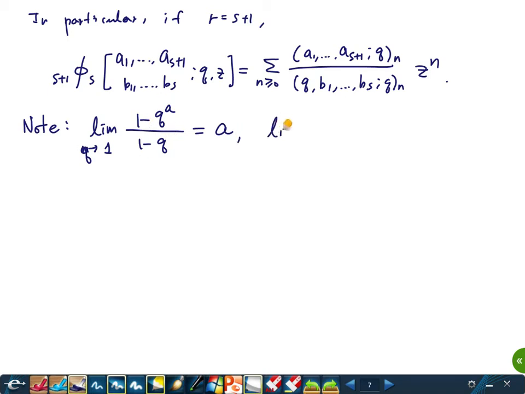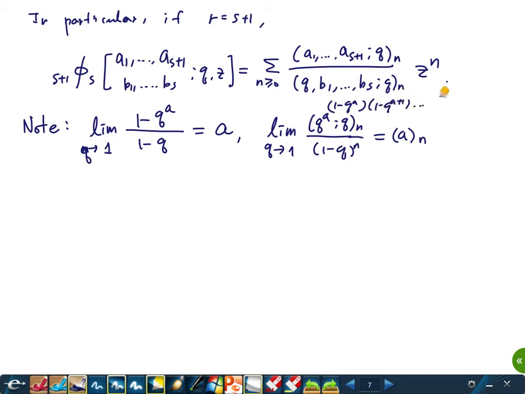And therefore the limit as Q approaches 1 of the product is equal to A sub n, the Pochhammer symbol. Because this is 1 minus Q to the A, 1 minus Q to the A plus 1, up to 1 minus Q to the A plus n minus 1. And then we have one factor 1 minus Q for each factor here. So if you apply this, then you get A, A plus 1, up to A plus n minus 1, which is exactly this thing.